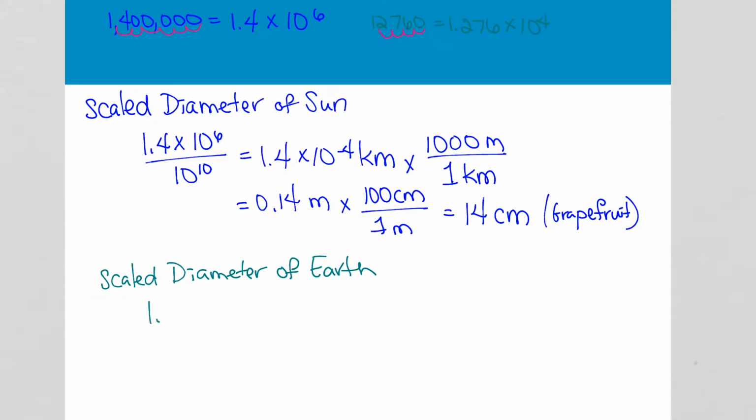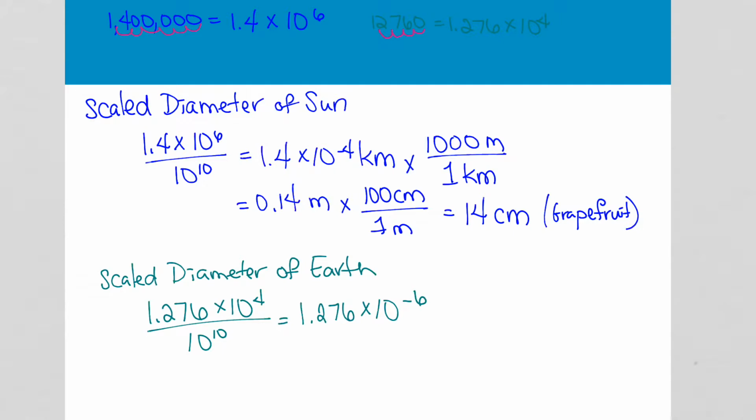So we'd take 1.276 times 10 to the 4th, divide by our scale factor of 10 to the 10th, and we get 1.276 times 10 to the negative 6.